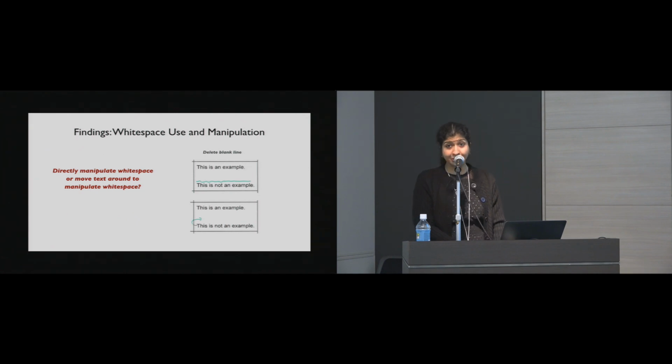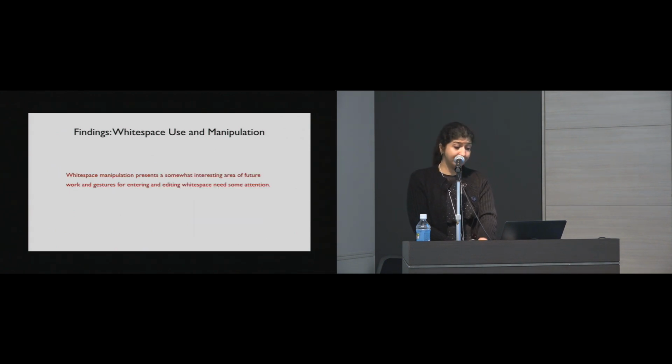But there were also a few participants who moved the text below the white space upward to delete the blank line. So this was another interesting behavior that we observed. These examples suggest that white space manipulation in the context of digital handwriting applications can be quite complex, and it needs further attention.